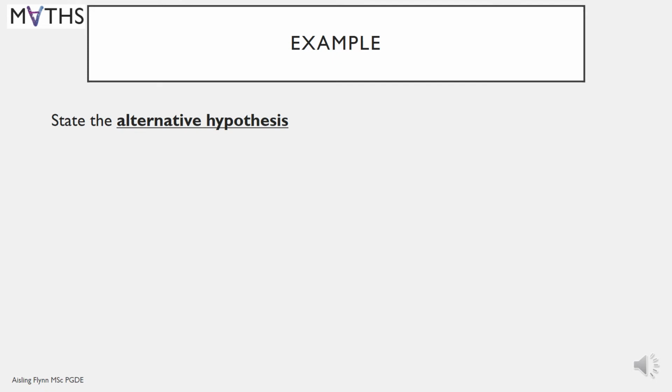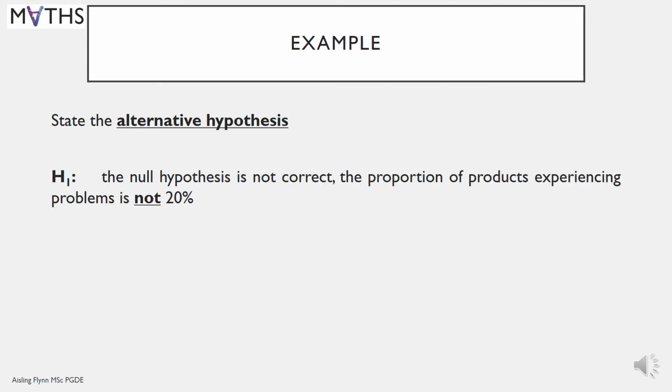Let's state the alternative hypothesis, H1. And that's saying that the null hypothesis is not correct. The proportion of products that experience problems is not 20%, or more simply, P is not equal to 0.2. Now we're going to calculate the sample value P hat.